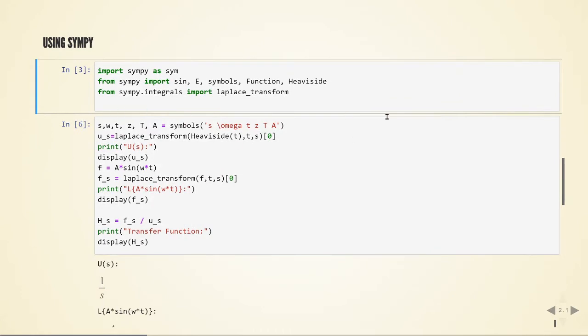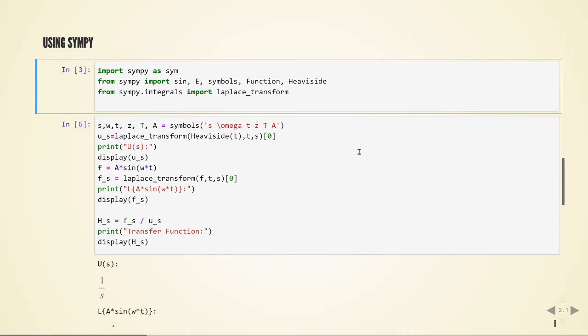Now I'm defining the symbols for s, omega, t, z, capital T, and a. Capital T and a we will use later. Capital T will be our sampling period, so 1 divided by the sampling frequency, and a will be the amplitude of our sine wave.